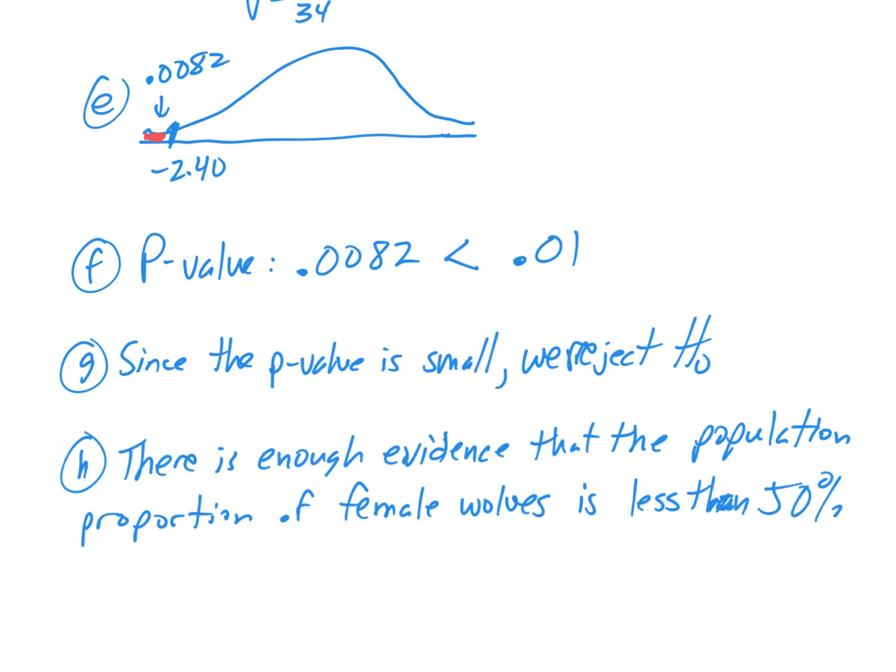Okay? So, ladies and gentlemen, what I did in these 3 questions, that's the only thing you need to know about chapter 9.3. Less than, left tail test. Greater than, right tail test. Different or change, 2 tail test. And we have to answer every one of these questions.